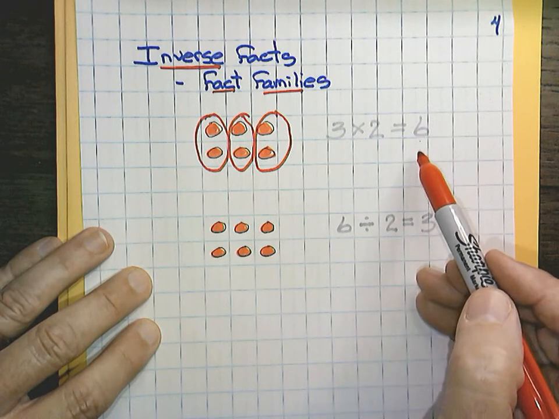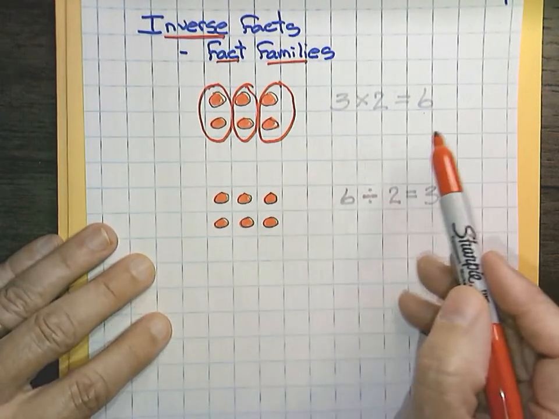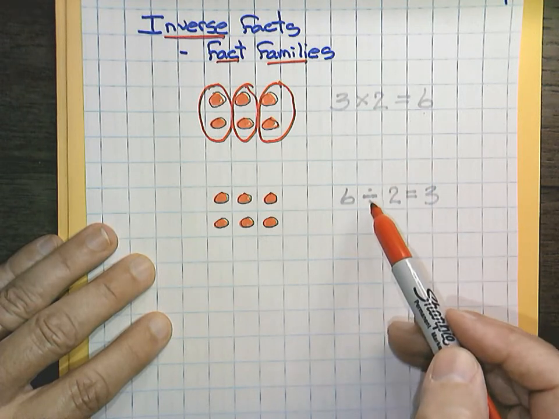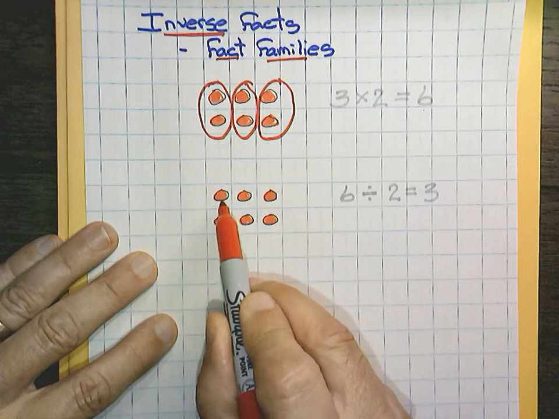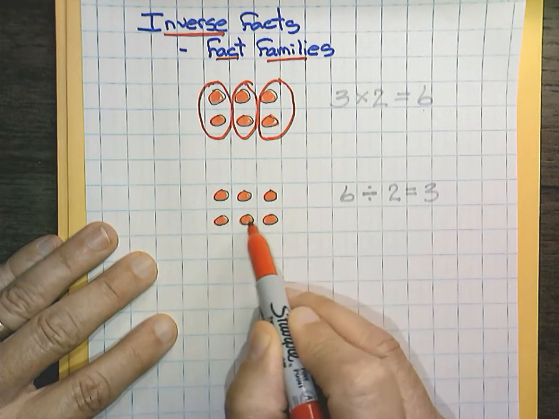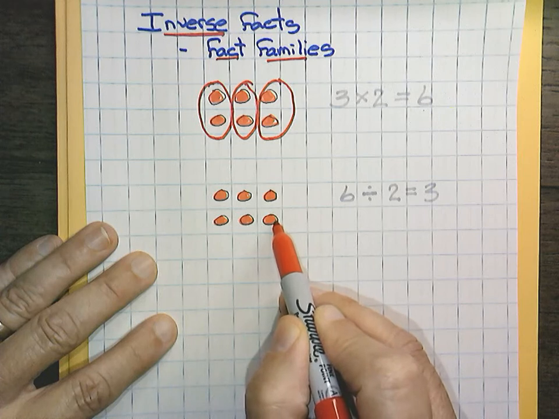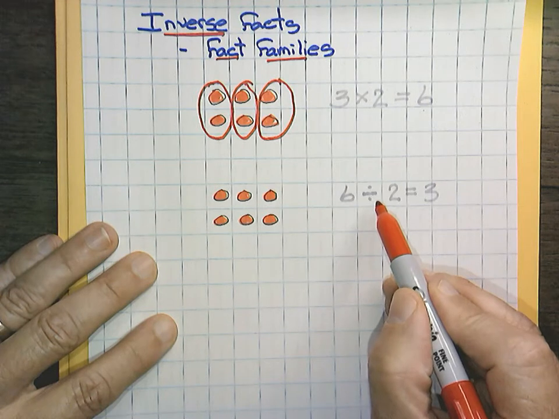Now we could also take the same thing, which I just drew as the same picture down here, and we can use not multiplication, but division. So for example, I'm going to start with 6: 1, 2, 3, 4, 5, 6. And I'm going to divide it by 2.